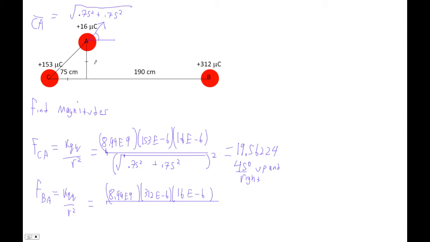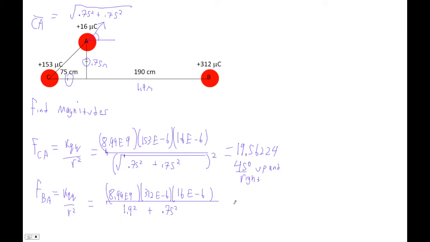And then our distance here is 1.9 meters, and that's also 0.75. That's a congruency thing, so this is 0.75 meters as well. So this will be 1.9 squared plus 0.75 squared. Now really it's the square root of this, the whole thing squared.